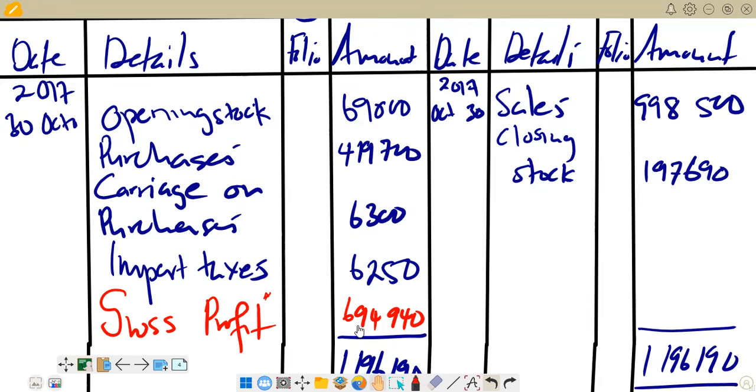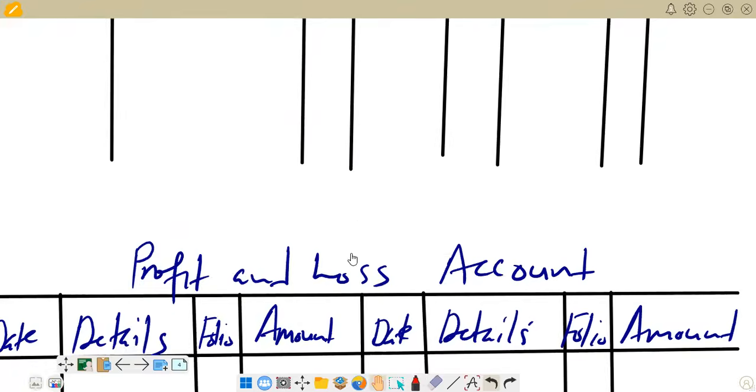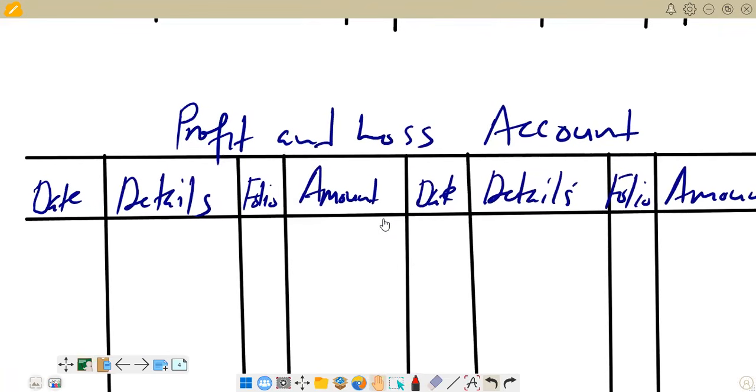So we go to our profit or loss. That's our next ledger that we are preparing here. This is our profit or loss. And remember, we're starting with that figure from the trading account, which is the gross profits. We go to the credit side. Remember the date. We are only using the same date, that is 2017, October 30.